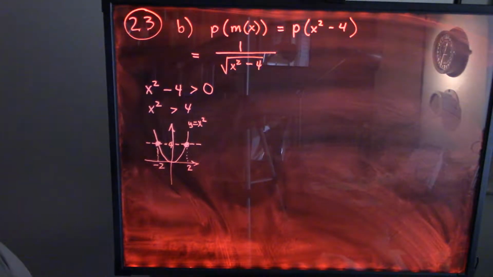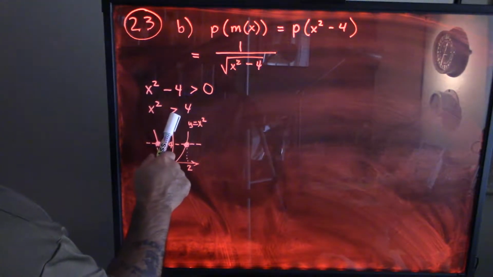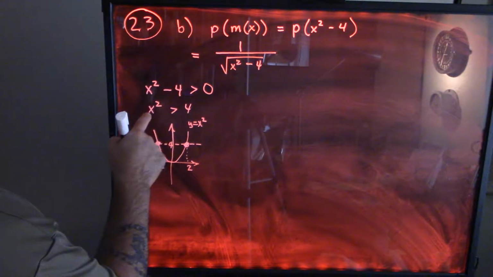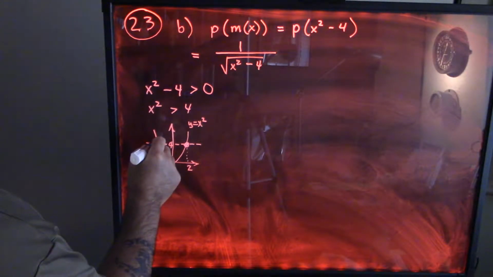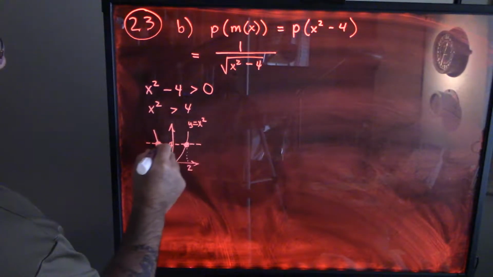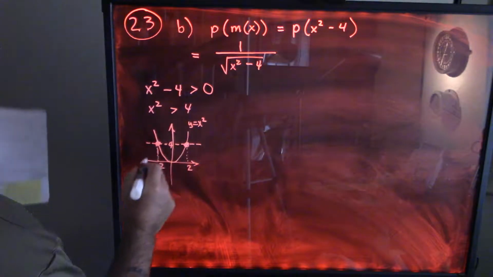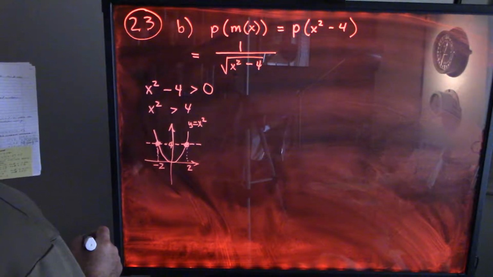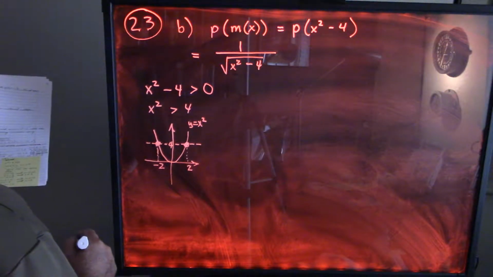So, alright? So now where is x squared greater than 4? In other words, where is the function y equals x squared greater than 4? That's everything above this horizontal dotted or dashed line, right? It's everything above that. So what is that saying?